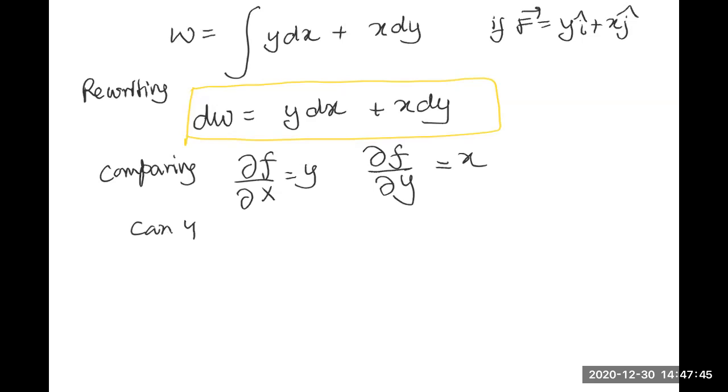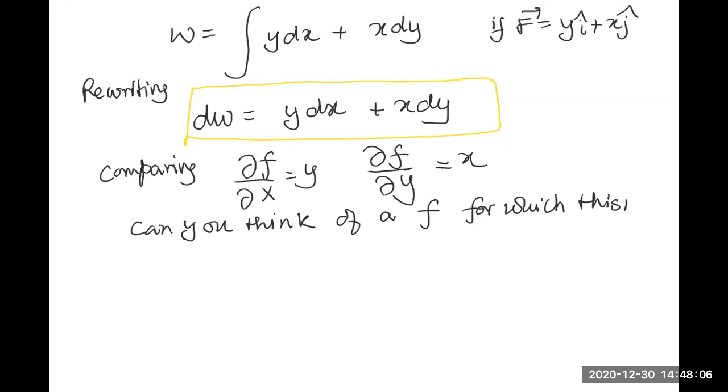Can you think of a function for which this is true?